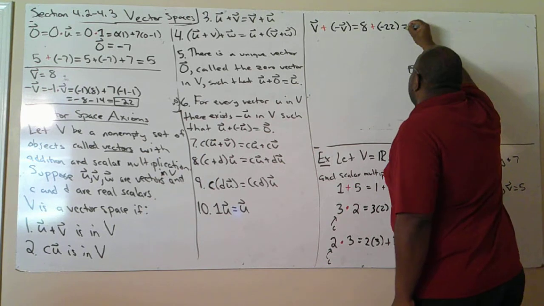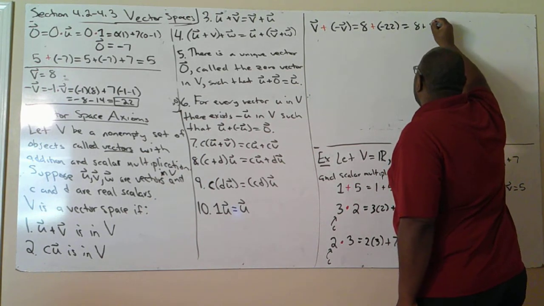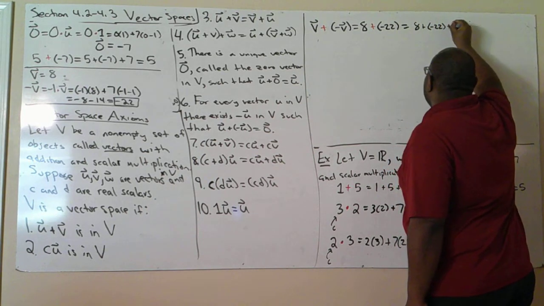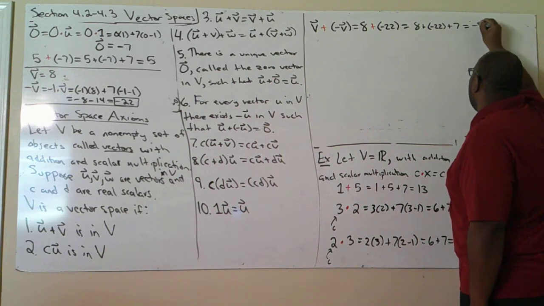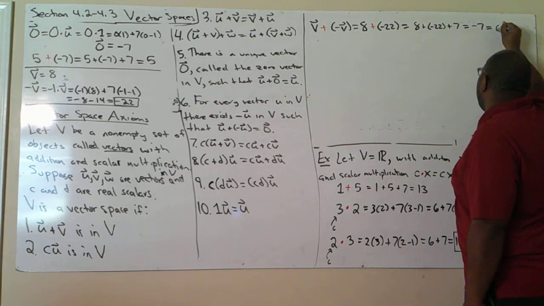That's the same thing as 8 plus negative 22 plus 7. So I have 15 minus 22, and that's going to be negative 7. And negative 7 is indeed my 0 vector.